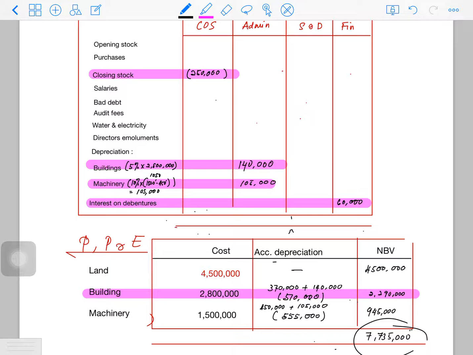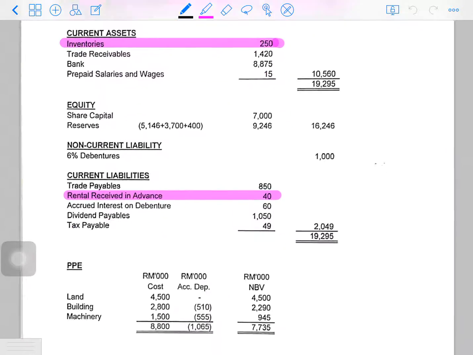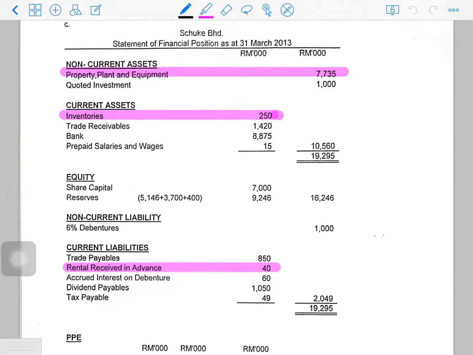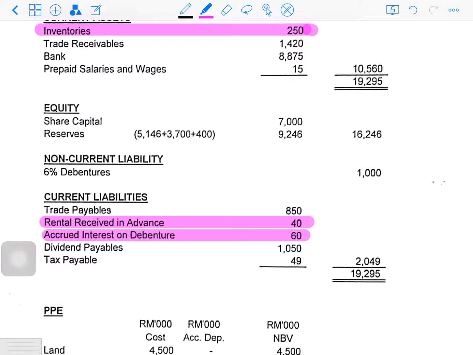Debit debenture interest in finance costs and credit the financial position, debenture interest accrued, 60,000.